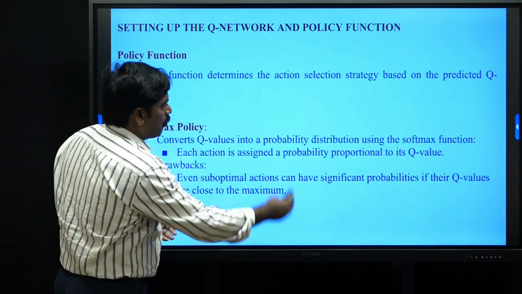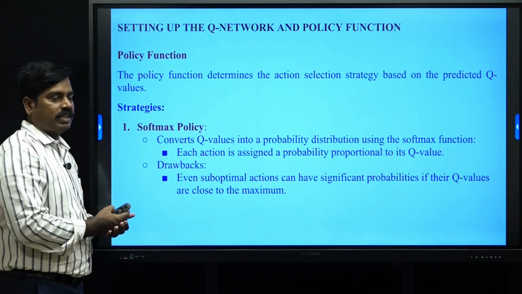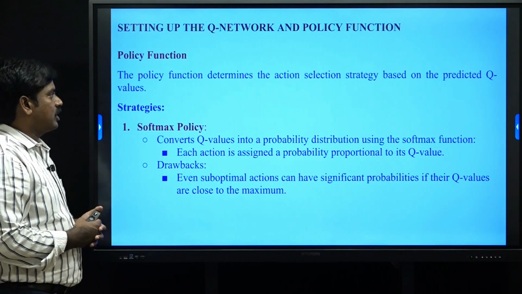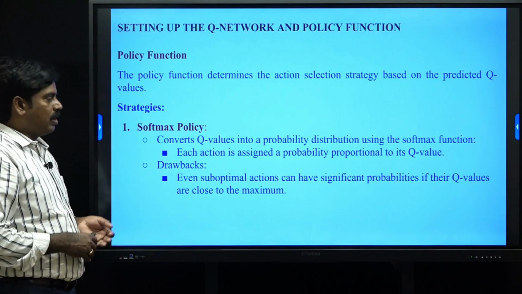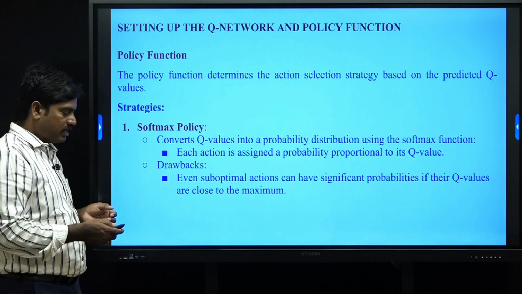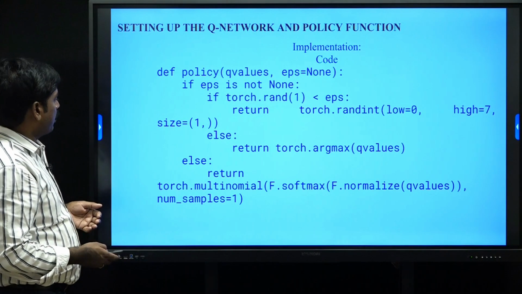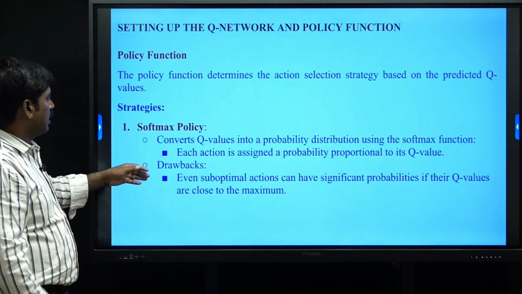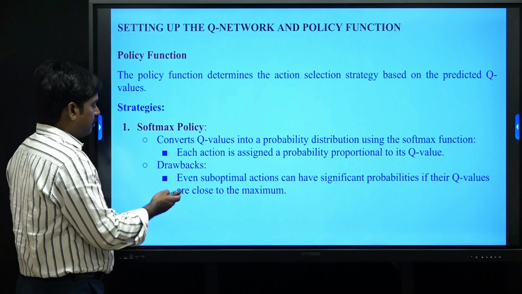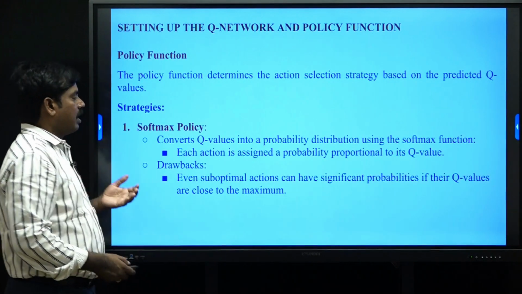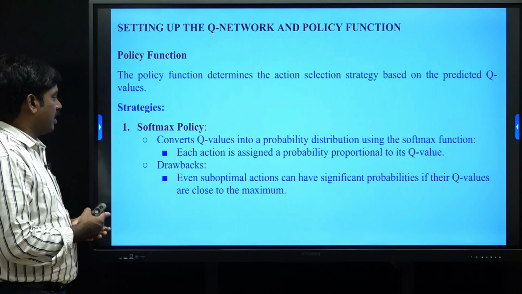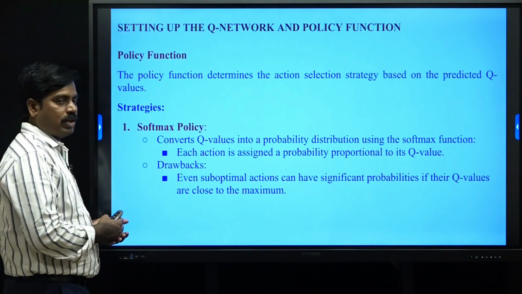Based on the predicted Q values we find the best actions. The strategies we can apply are the softmax policy or the epsilon-greedy method.